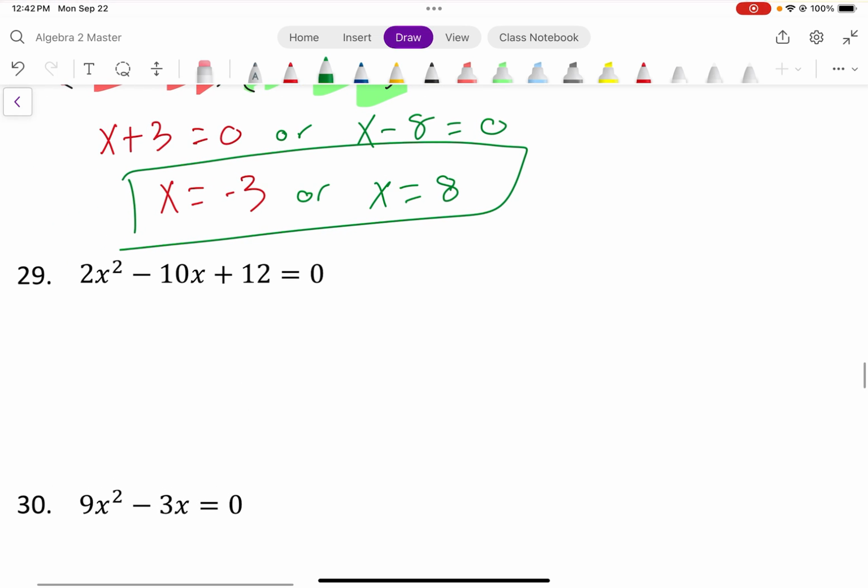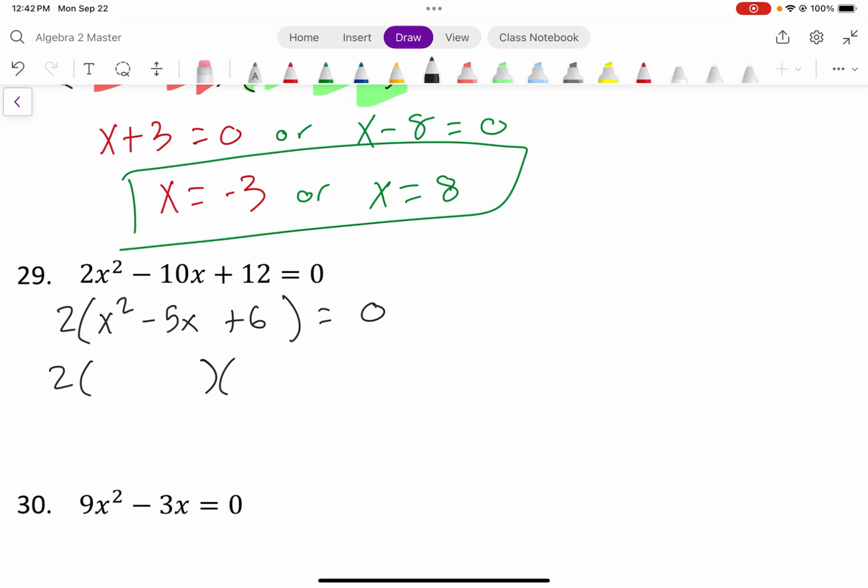In 29, we're going to start by factoring out a GCF first. All of those numbers are even, so my GCF can be 2. I'm left with an x squared minus 5x plus 6. I keep the 2. The 2 is still a factor, but now I'm basically just in the same process I was above. So I have the x squareds.